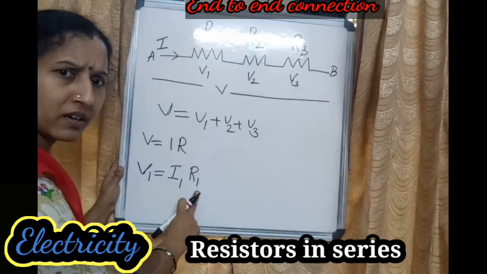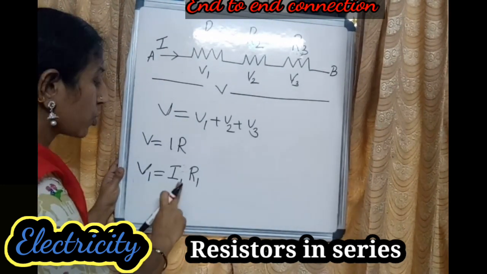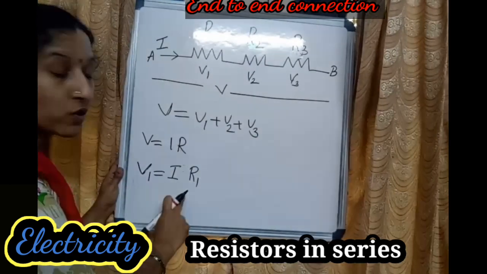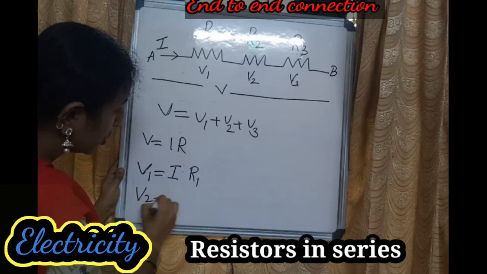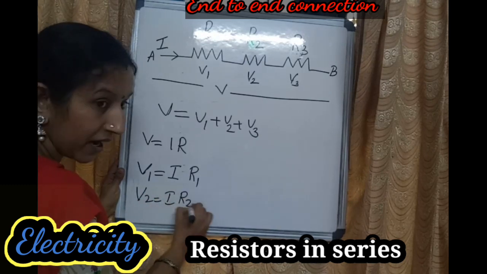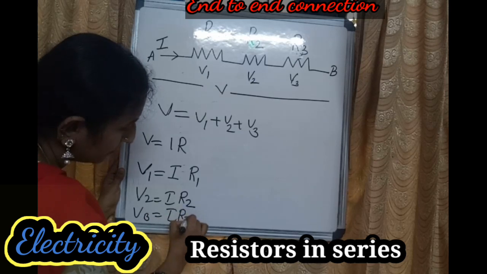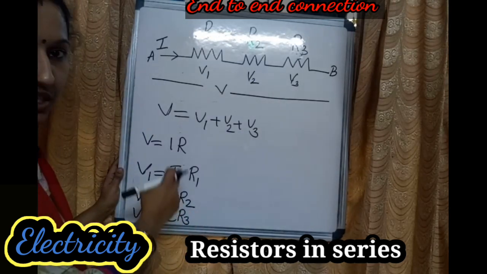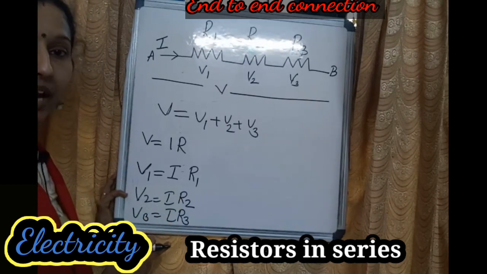No, it's wrong, because I is the same. So you don't want to use I1. Simply you can write V1 equal to IR1, V2 equal to IR2 and V3 equal to IR3. So these are the Ohm's law equations for V1, V2 and V3.